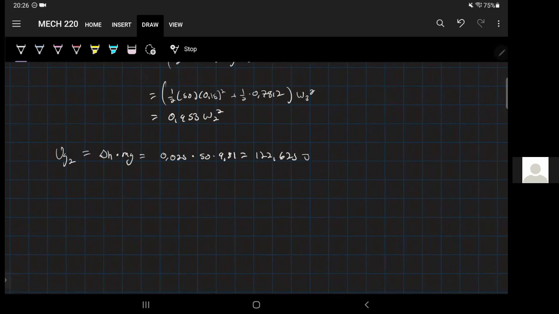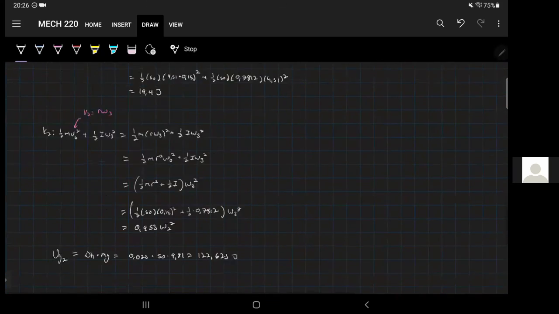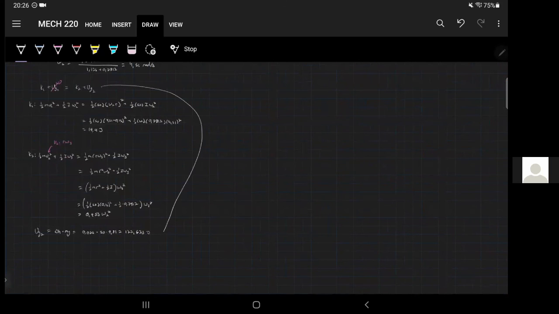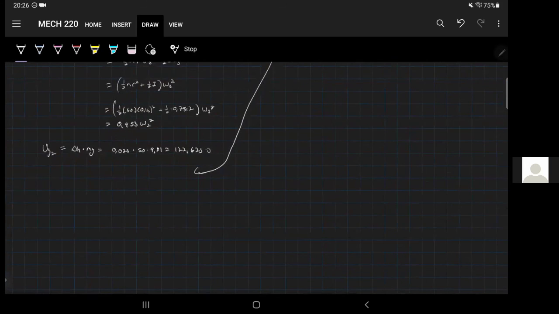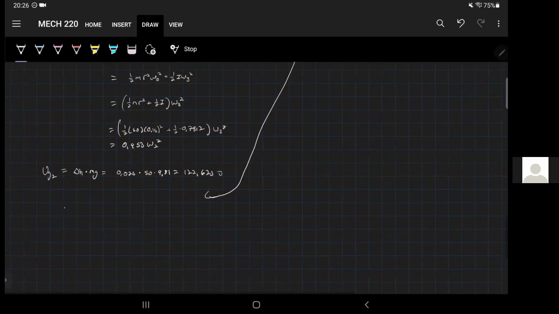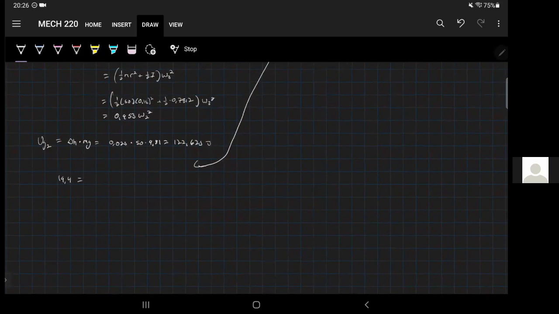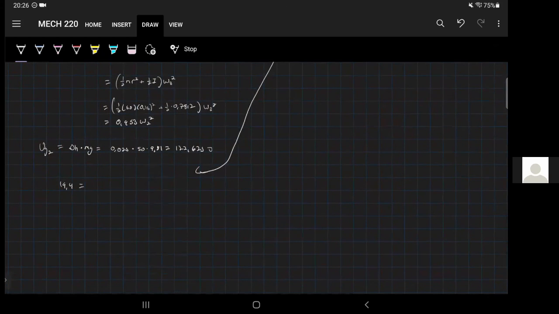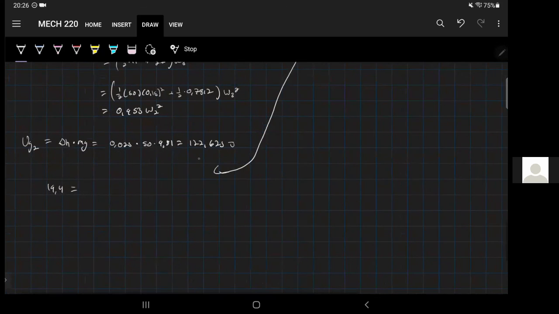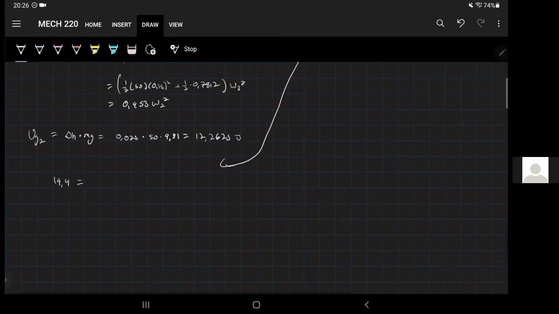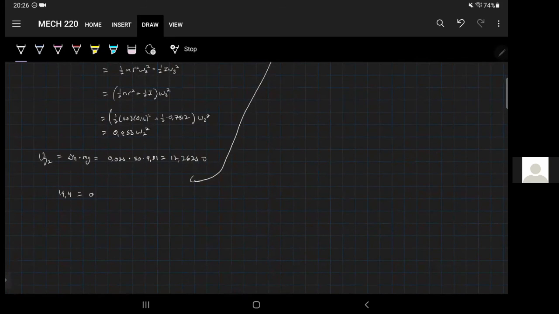And now put this all together using this formula here. I have 19.4 equals, wait a second, yeah, I forgot a 0 here. So this should be 12.262. All right, then I plug this in, 0.953 omega 2 squared.